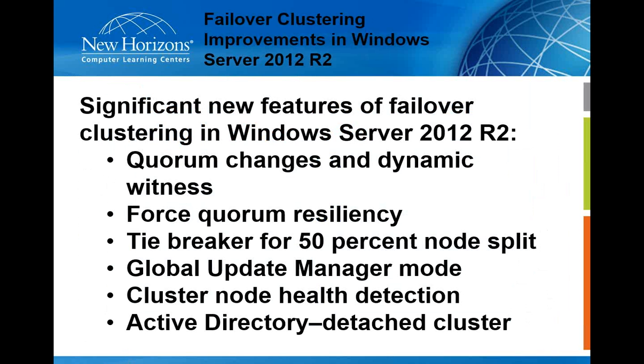We also have what's called forced quorum resiliency. It provides some support and flexibility to manage the split brain syndrome that we run into. Split brain syndrome is when one side of the cluster thinks the other side has failed and thus attempts to continue working with the database. That runs into a problem, especially when you have multiple sites, where you have a headquarters site and a disaster recovery site.